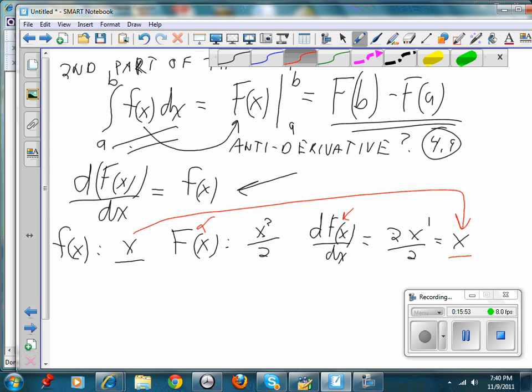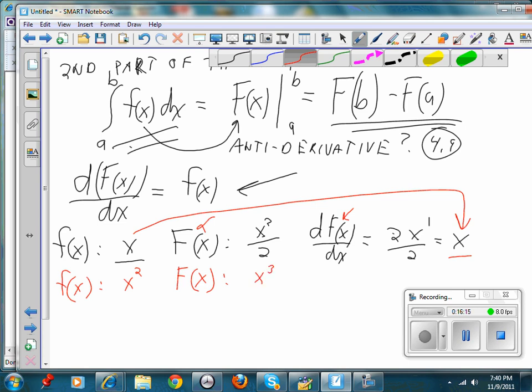What if we let f of x be x squared? Well, what do you think the antiderivative is? You can start thinking about taking a derivative of something. If I want to get an x squared term, I'm going to have to start with an x cubed term, right?